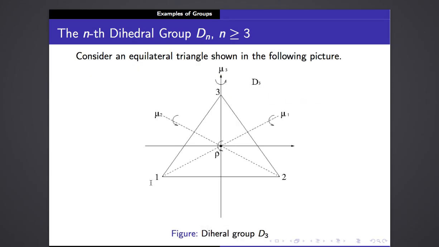So here, that's mu1, mu2. Actually that axis goes through the origin and vertex 1. And here the same, going through the origin, and here also going through the origin.